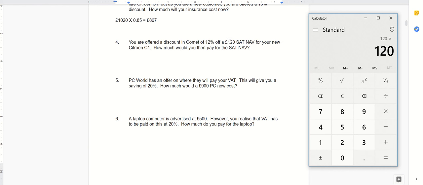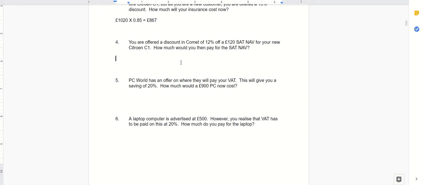So we want 88% of the original price if we're going to take 12% off. So 0.88. We end up with £105.60.